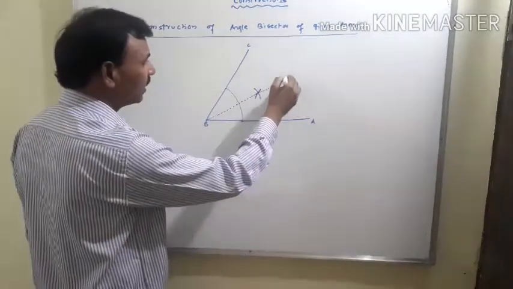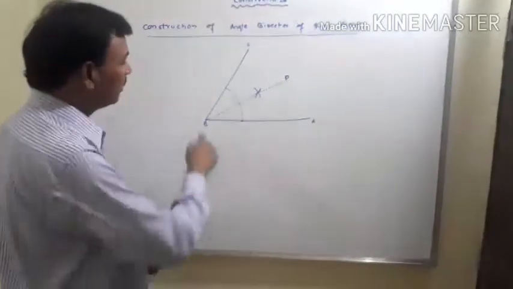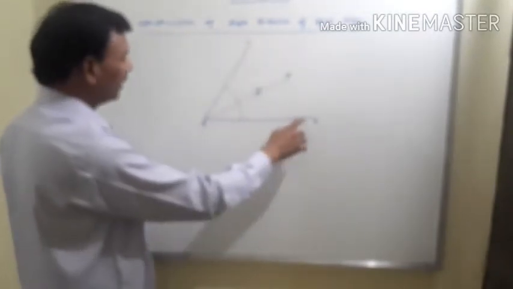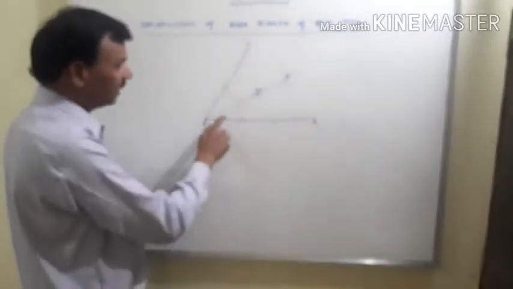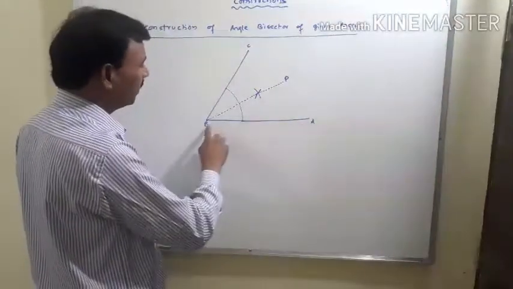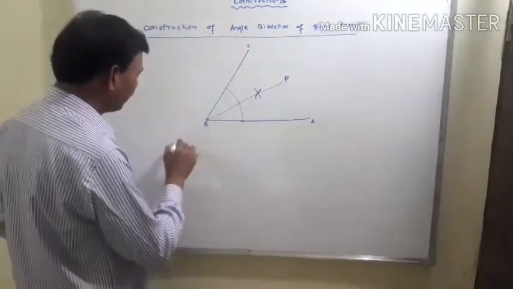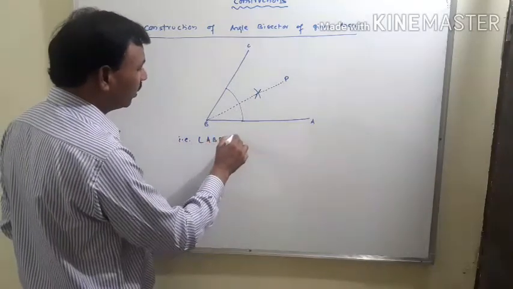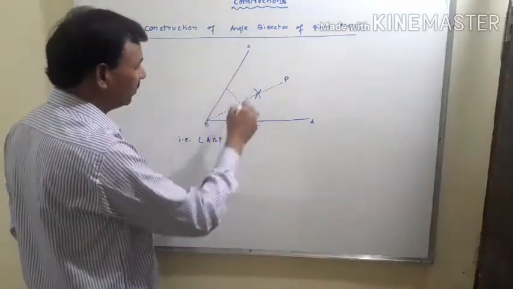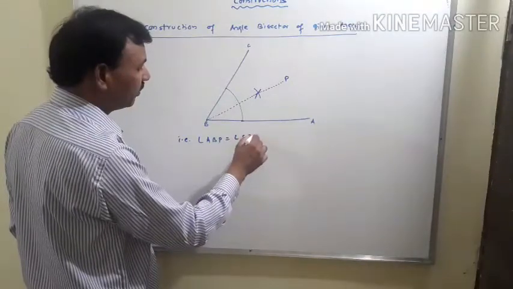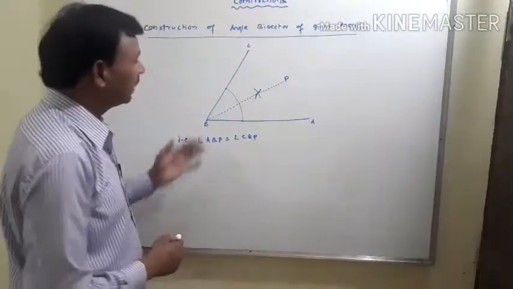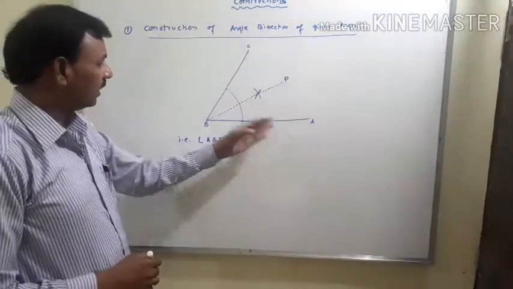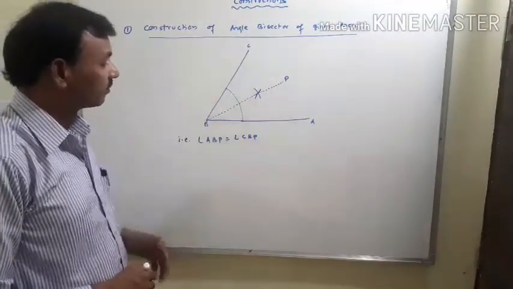Suppose this is the line BP. Then line BP will be the angle bisector of the given angle ABC, and angle ABP equals angle CBP, and we can say that BP is the angle bisector of angle ABC.